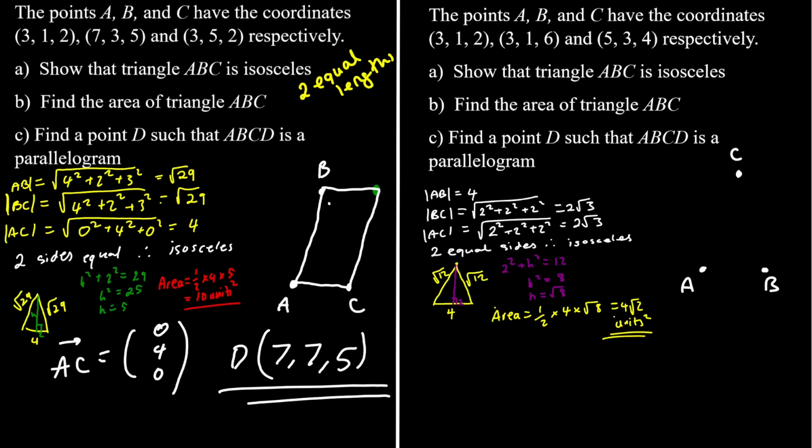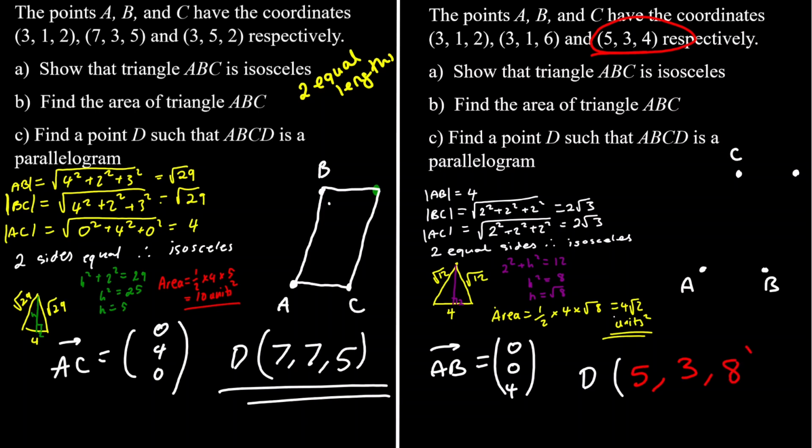We want another point, so we can either go to the left of C, so do the movement from B to A to C, or to the right of C, which would be the movement from A to B onto C. So to get from A to B, we move 0, 0, 4. So we're going to do that same movement onto C to get D. This is C at the moment. We're adding 0 onto the X, 0 onto the Y, and 4 onto the Z.